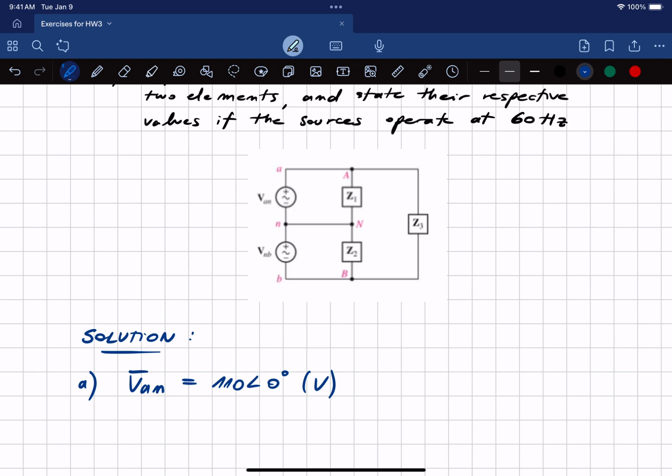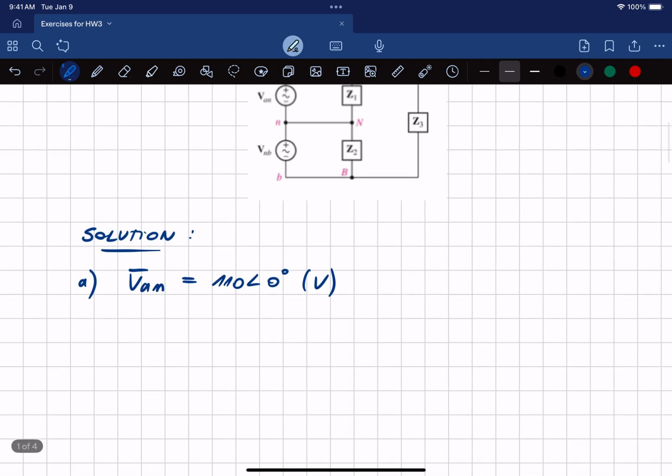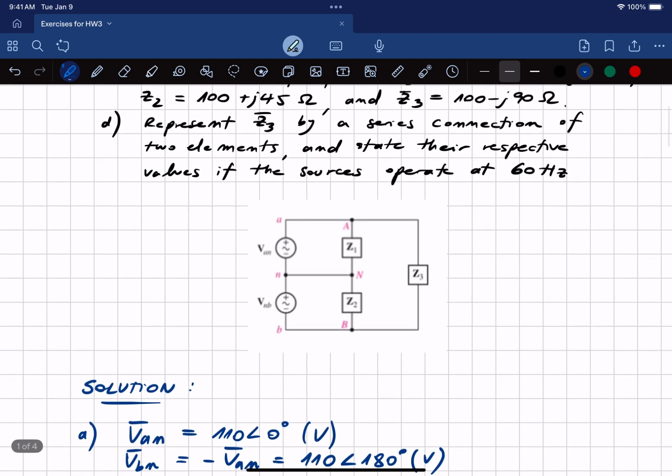So what does it mean? It means that VAN is that, and VBN is going to be minus VAN, or 110 angle 180. It can be plus 180 or minus 180. We're referring to the same phasor, right?